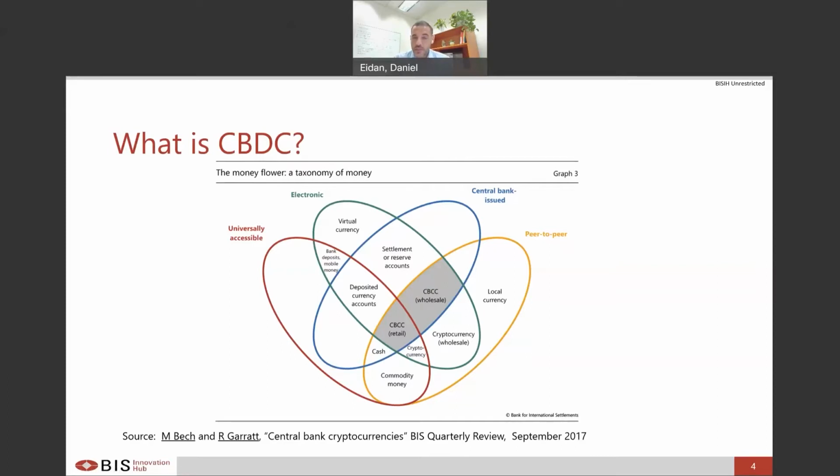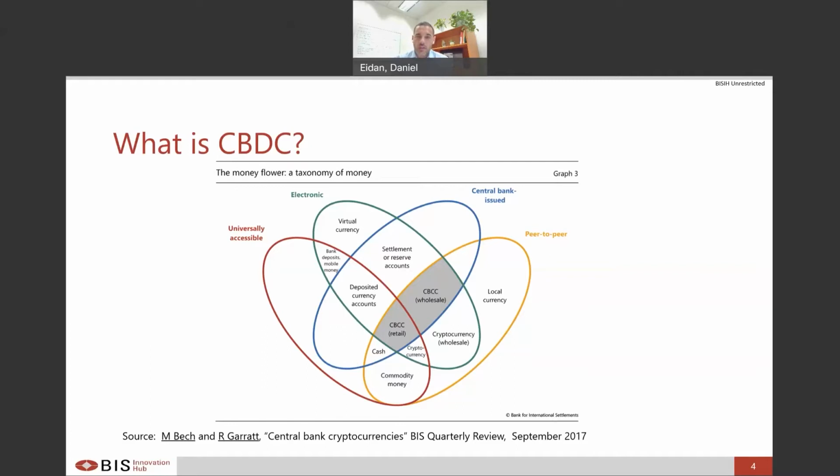You'll see retail CBDC sitting at the intersection of all of these ovals. In other words, it is universally accessible, electronic, central bank issued, and peer-to-peer. And just to the right of that, you'll see wholesale CBDC, and we'll talk about the distinction between those in a little bit when we talk about motivations and some of the work that we're doing with these different verticals.